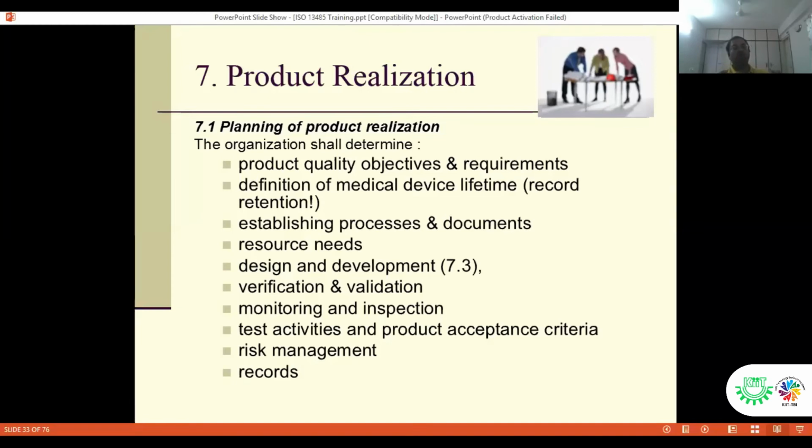How are you going to formulate this time period? Suppose your product has an intended life of 2 years. To those 2 years you can add 2 more years, so you are liable to keep the records of your device for a period of 4 years.